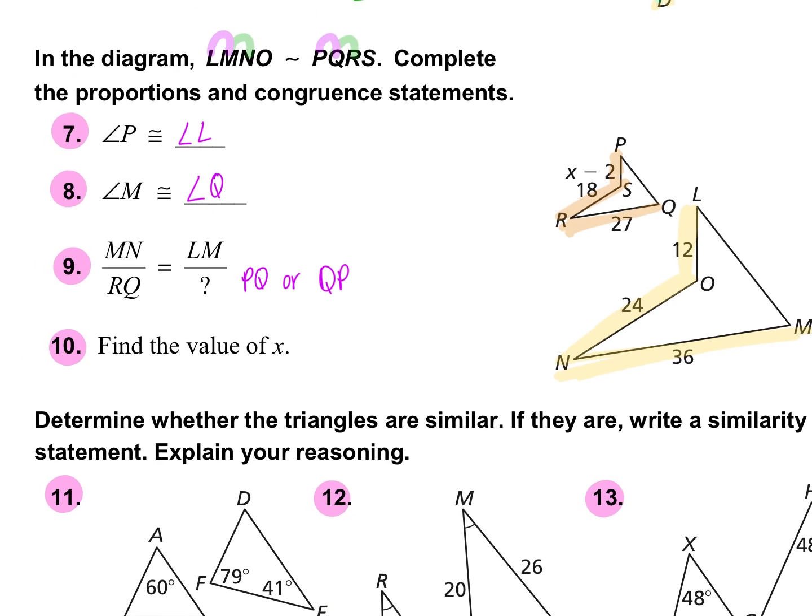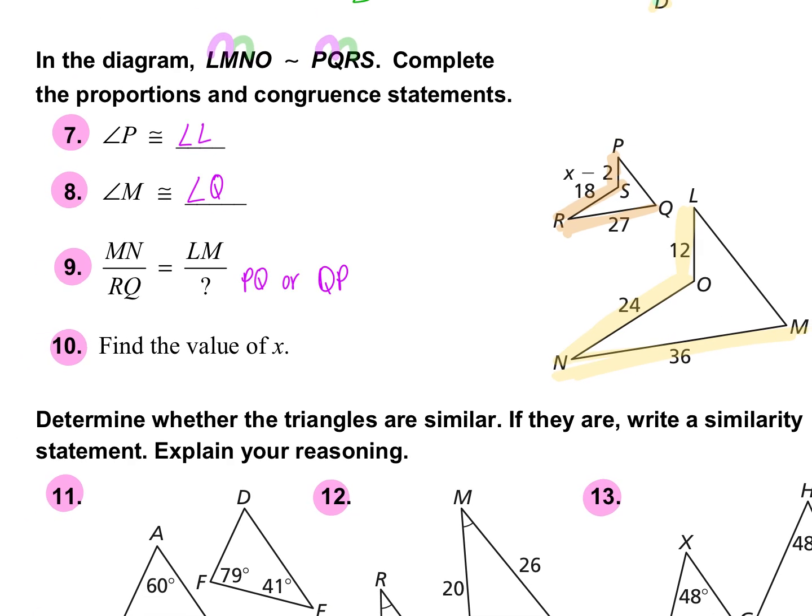All right, we can do 27 over 36, that's fine. 27 over 36 is 18 over 24, that still works. So if I were to simplify these two, what would my scale factor be? What is it? 3 over 4.